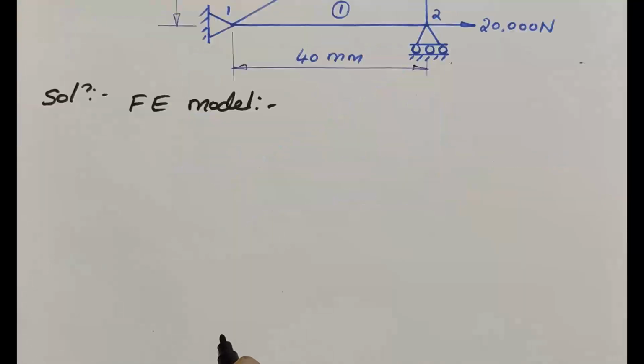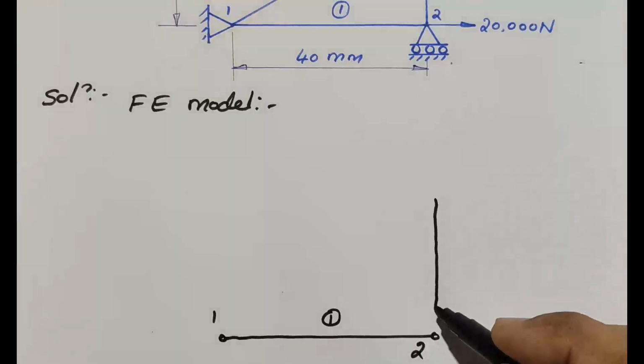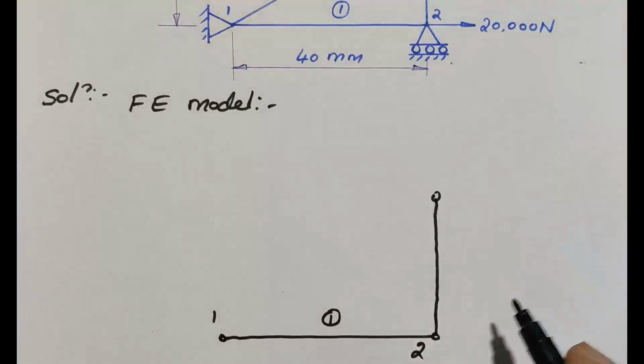See here, this is element number 1, node numbering 1, 2. Next, element number 2.